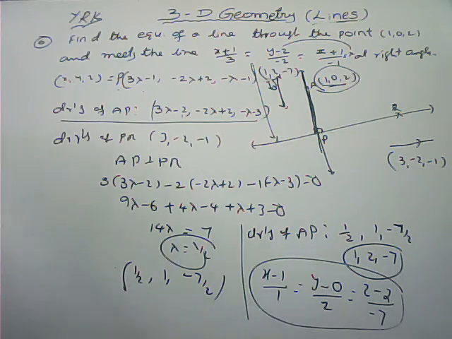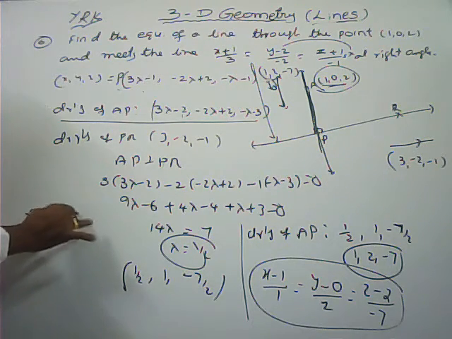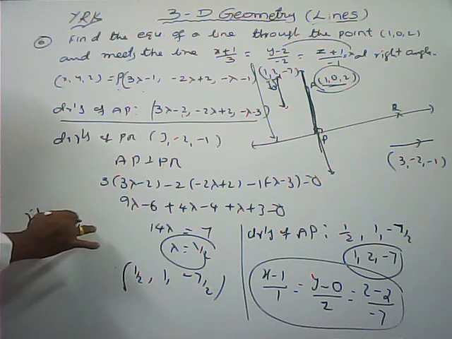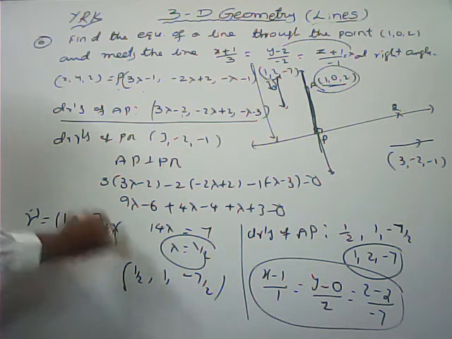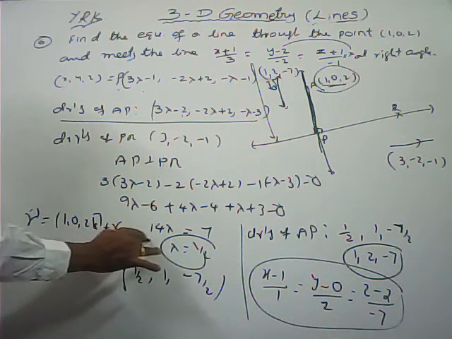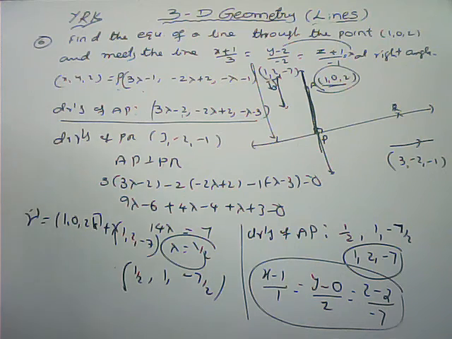To write the vector form, r bar is equal to a bar, where a bar means the line passes through the point (1, 0, 2). You can write i cap plus 2k cap, plus lambda into b bar, where b bar is 1, 2, minus 7: i cap plus 2j cap minus 7k cap. This is the vector form, and that is the Cartesian form.